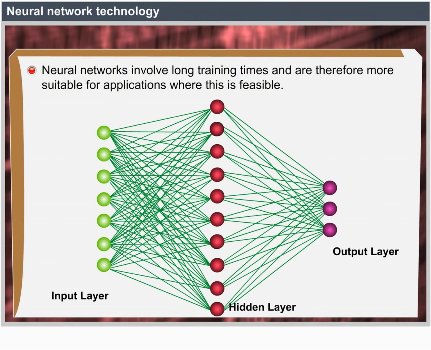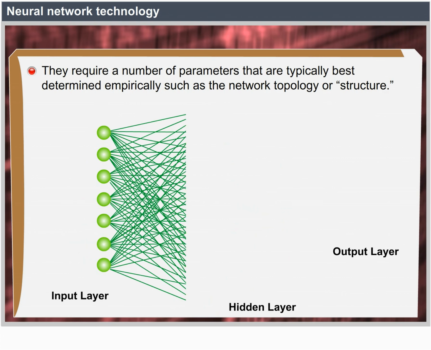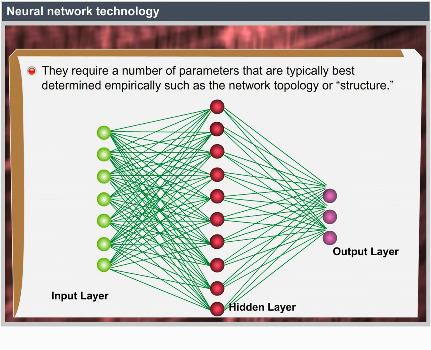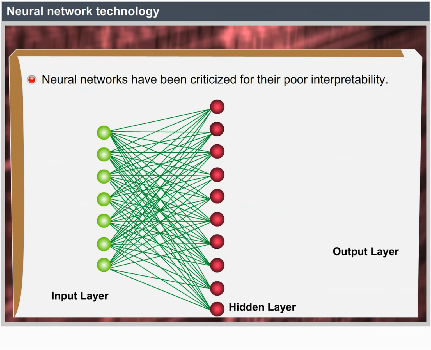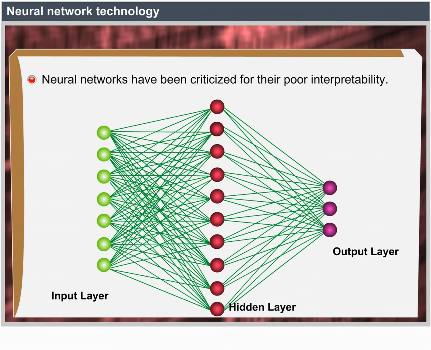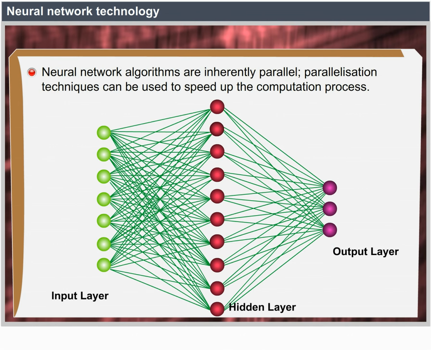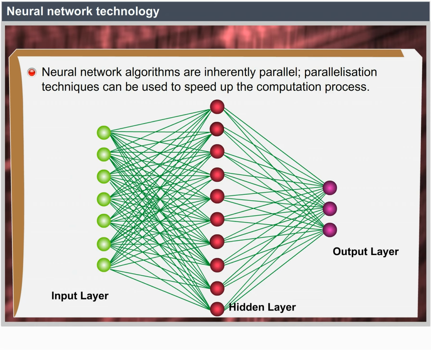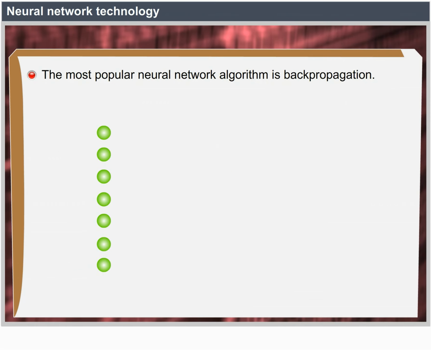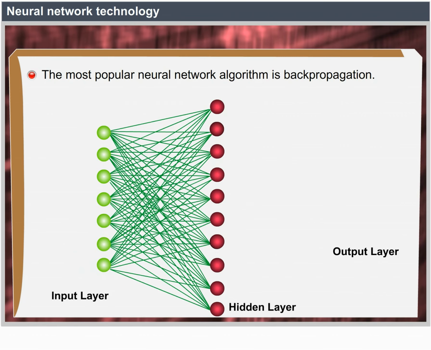They require a number of parameters that are typically best determined empirically, such as the network topology or structure. Neural networks have been criticized for their poor interpretability. Neural network algorithms are inherently parallel. Parallelization techniques can be used to speed up the computation process. The most popular neural network algorithm is backpropagation.